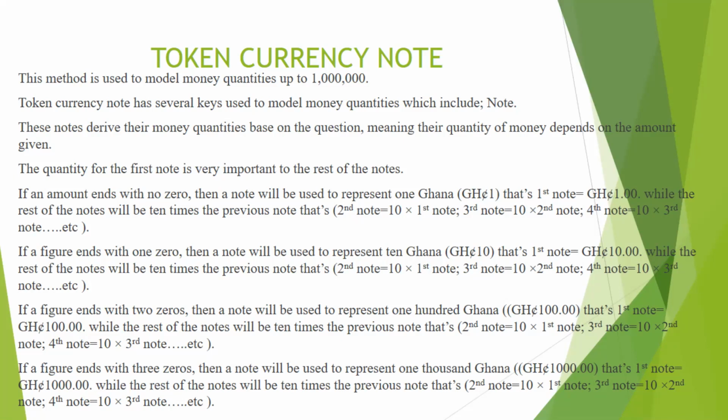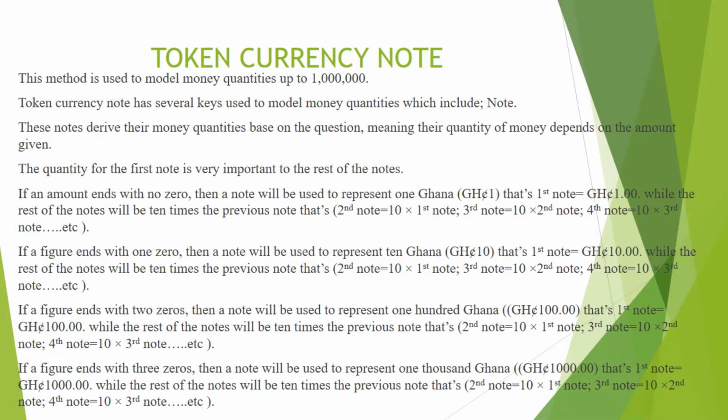If the amount given ends with no zero, then your minimum note starts from 1 Ghana cedi. In that order, the next note will be 10 times 1 Ghana cedi. So 1 Ghana cedi, 10 cedis, 100 cedis, 1,000 Ghana cedis, in that order.